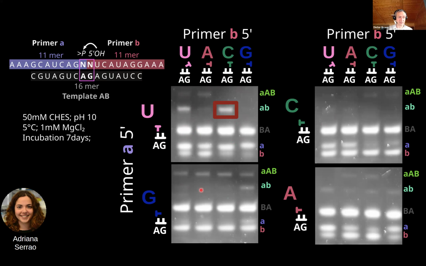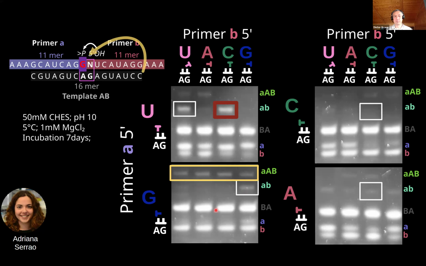So G is kind of the aggressive base, wanting to attract other things which should not match. So we see some other bands, but it depends on what sequence you have. Here we have an AG sequence, so that's okay. But if you, for example, go for AU sequences, this is much nicer and you actually get quite precise copying. All the details are in that paper.